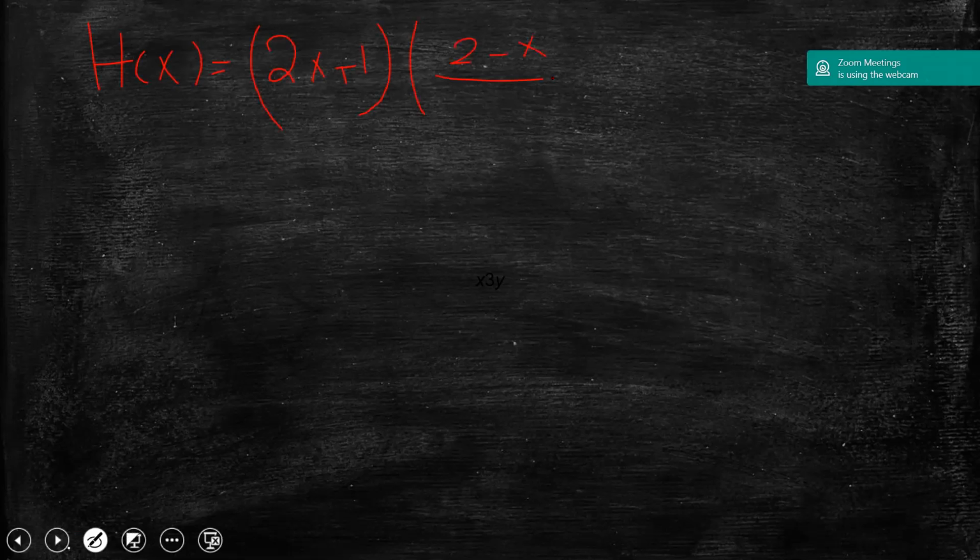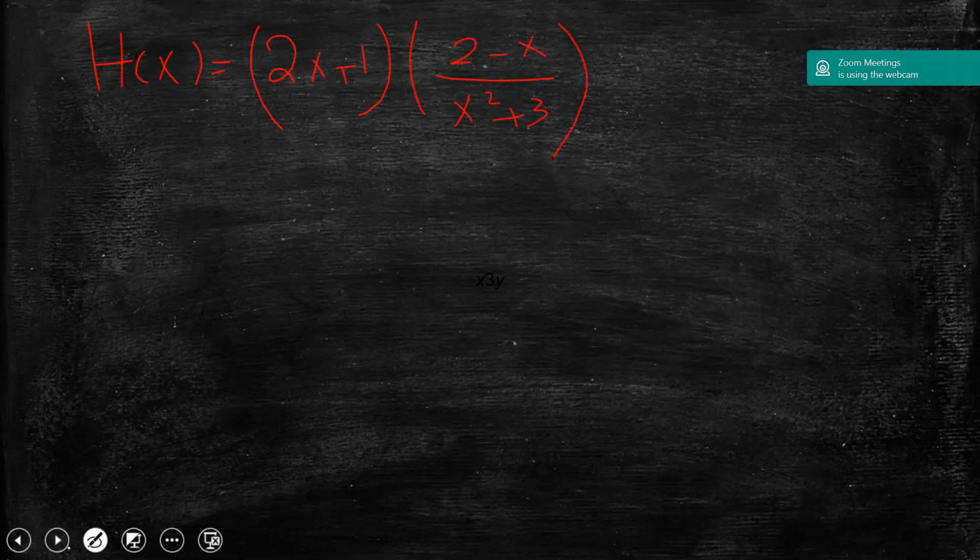Do you mean like h of x is 2x plus 1 times, give me an example, 2 minus x over x squared plus 3.